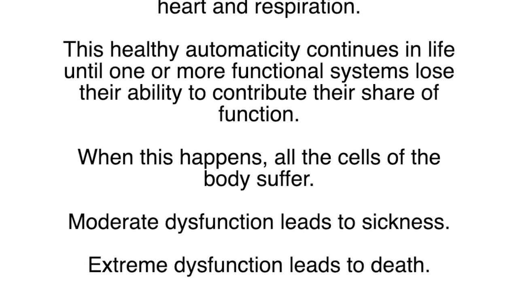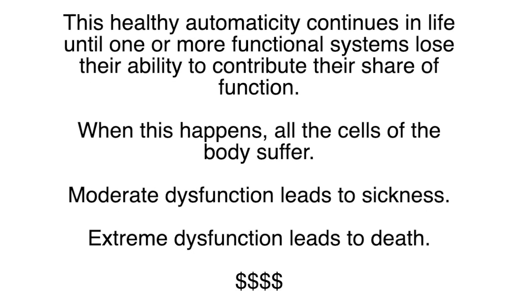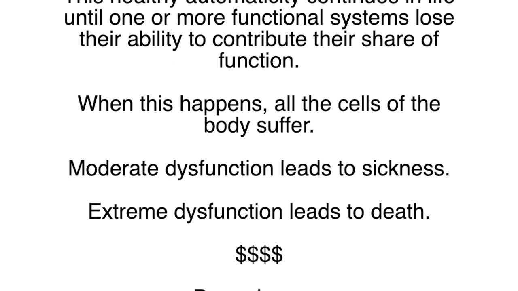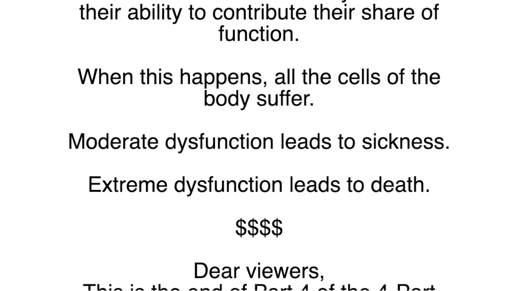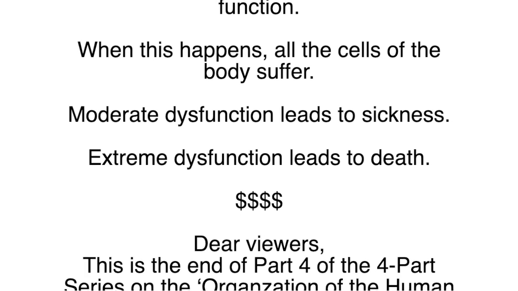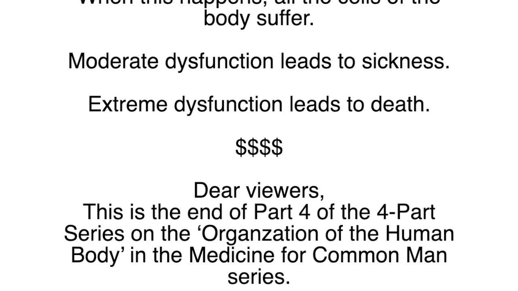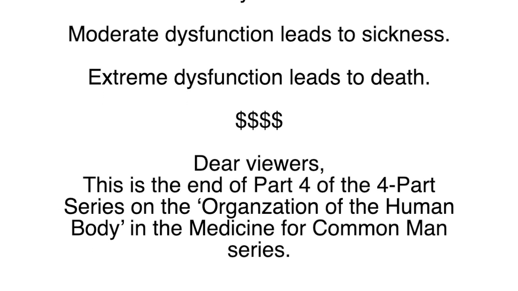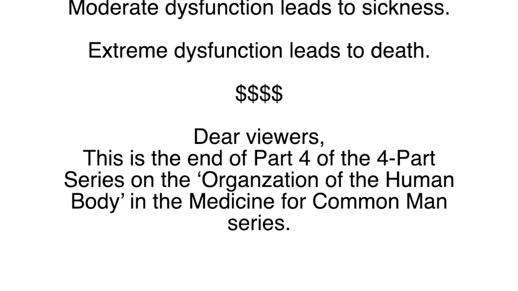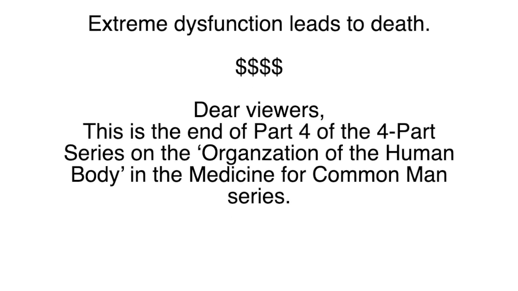Other examples of automaticity are that of the heart and respiration. This healthy automaticity continues in life until one or more functional systems lose their ability to contribute their share of function. Moderate dysfunction leads to sickness. Extreme dysfunction leads to death.